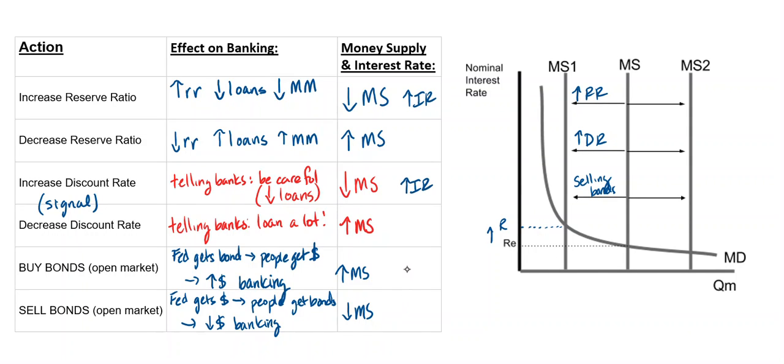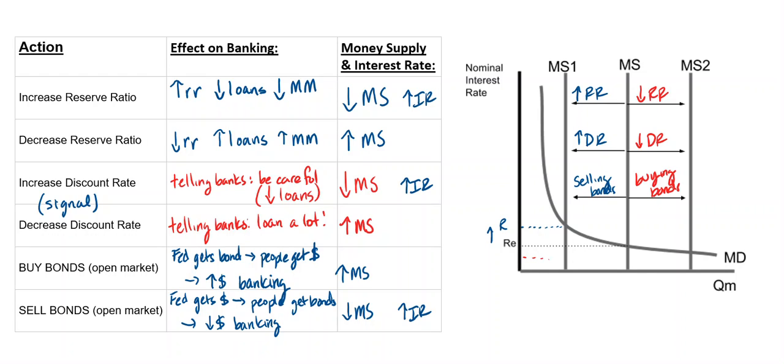Remember, the Fed is not really targeting the money supply for its own sake. They're targeting the money supply in order to change interest rates in the economy, which is going to affect behavior on our demand curve later. On the other side of this, if they decrease the reserve ratio, decrease the discount rate, or buy bonds, they're going to increase the money supply.